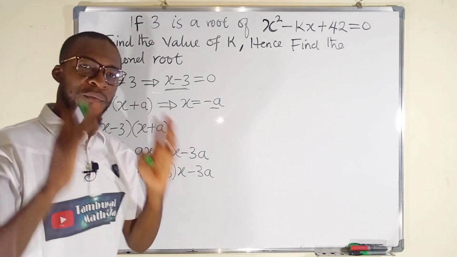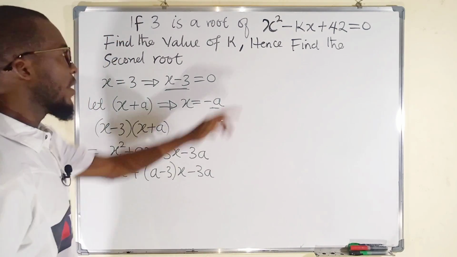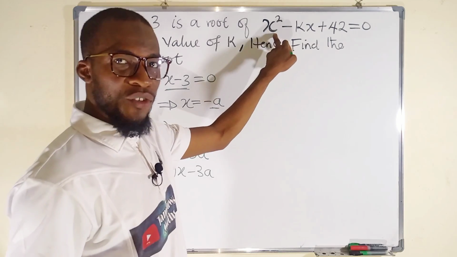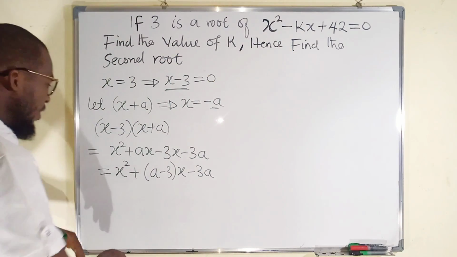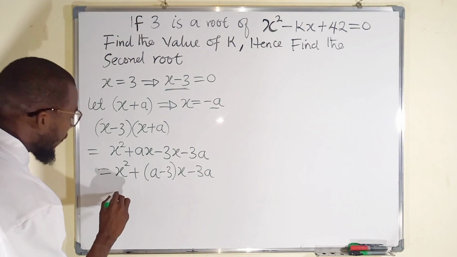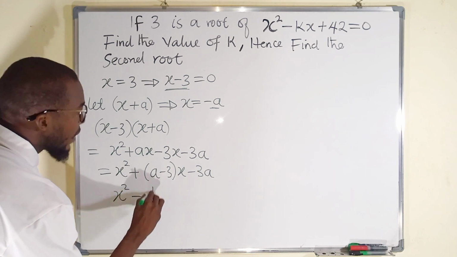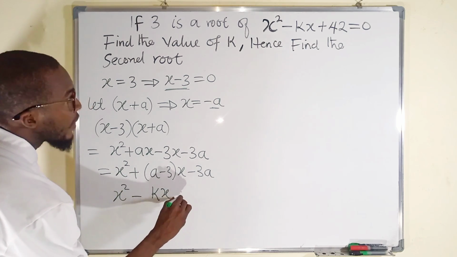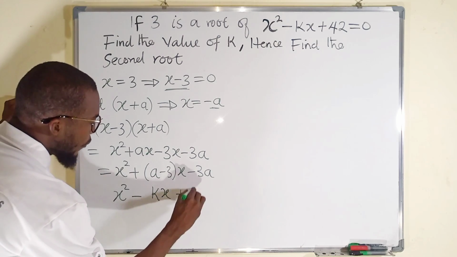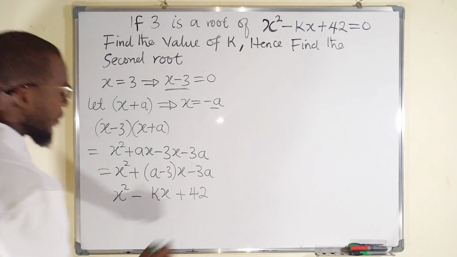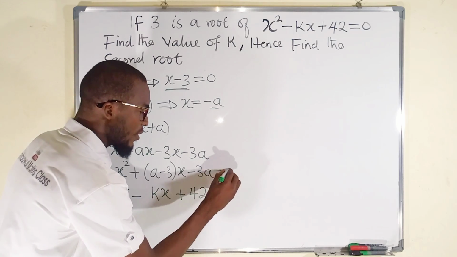Now we are free to relate the terms together. This is the original quadratic equation, so let me bring it down. We have x squared minus kx plus 42, equal to 0.